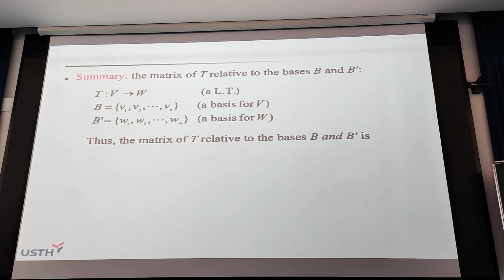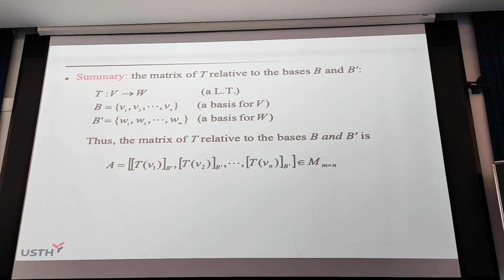So, I summarize for you the matrix of T relative to the basis B and B prime. We choose B, the basis of the domain, and B prime, the basis of the codomain. I specify the vectors in the bases B and B prime like that. Then the matrix of T relative to the bases B and B prime is the following one.